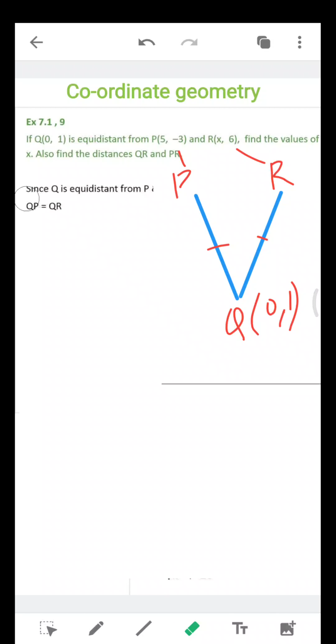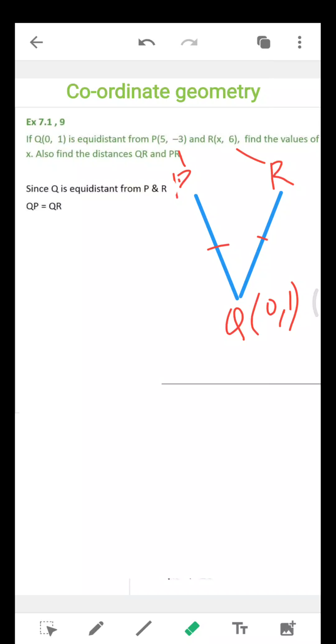So proceeding with this, since Q is equidistant from P and R, QP is equal to QR.